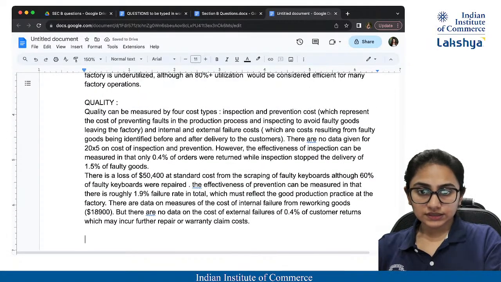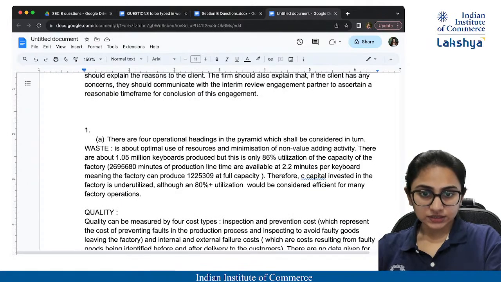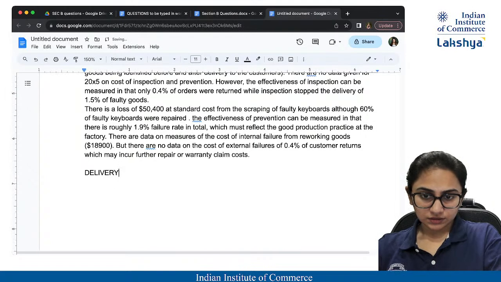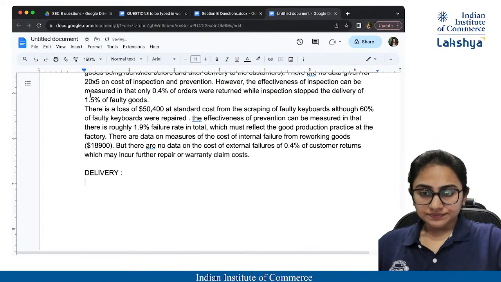Then this is the second one, quality. First one was waste, operational headings, quality. Then the third one was delivery. So for delivery, what can you say again?